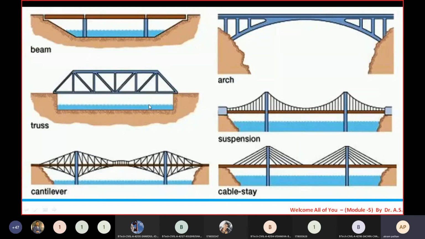Now, in this slide, if you see all in one, we have the beam bridge, the truss bridge, the cantilever type of bridge, the arch type of bridge, and the suspension or cable-stayed bridge.